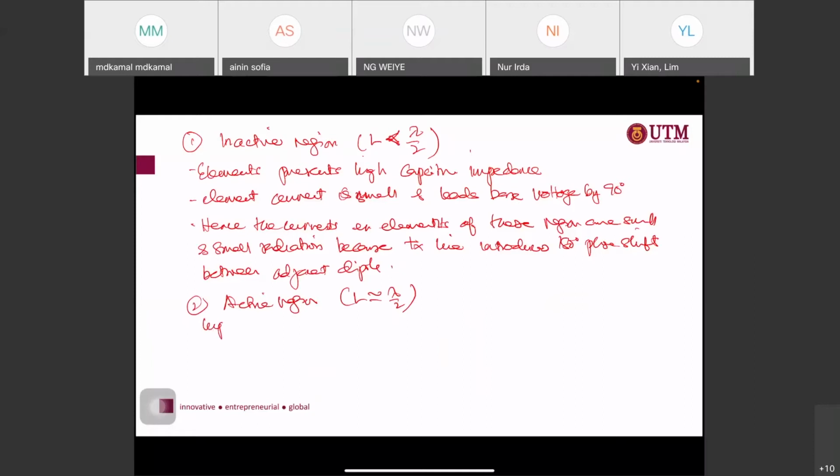The impedance offered by the dipoles is resistive, because when at resonance, you usually only have resistance. Then the element currents are large, because I is V over R, so large and in phase with the base voltage.